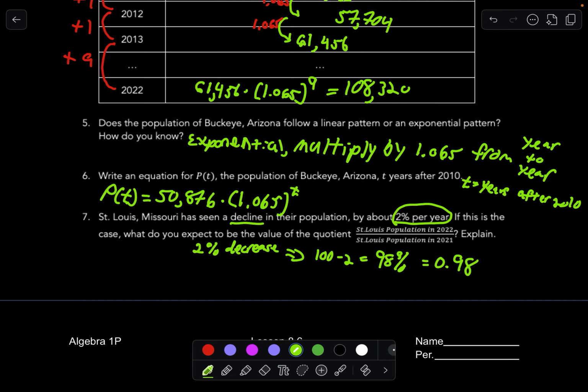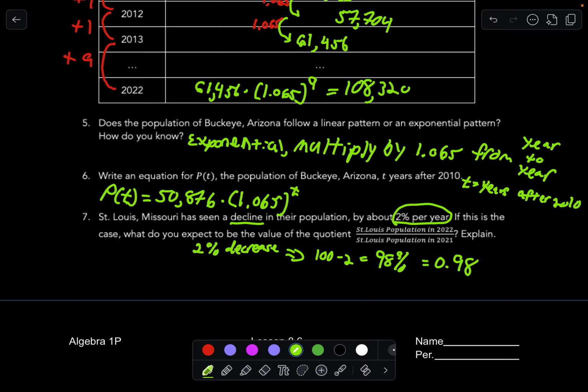Okay. Now, when we get this, that's the percent that's left over. Okay. So it would be 98% remains.